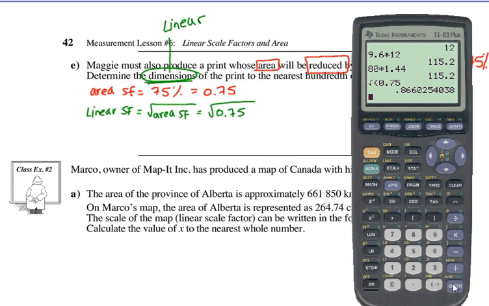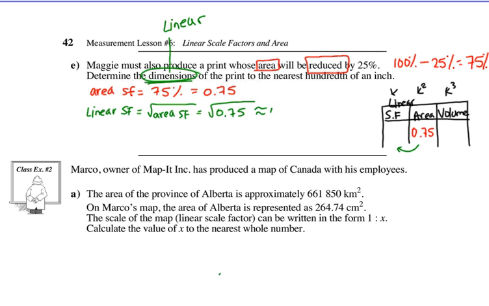We can just store that number and use it, for example as x. It's approximately 0.866 rounded. I might just use square root of 0.75. So that's my linear scale factor.